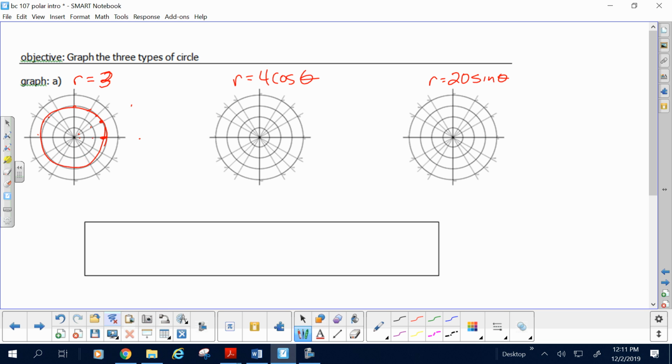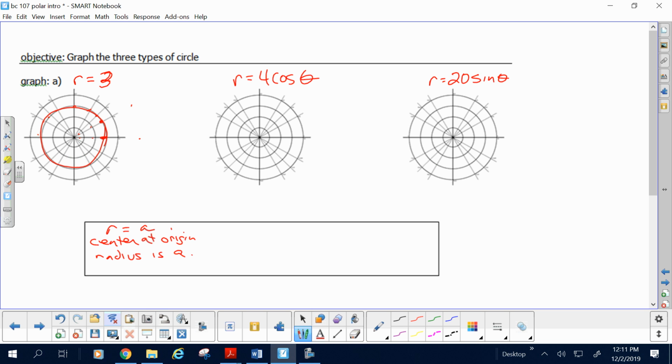Go figure. All right. So the first form is r equals a, where a is a constant. It's centered at the origin, and the radius obviously is a, or whatever the number is they threw there.